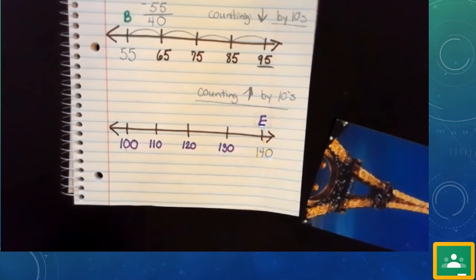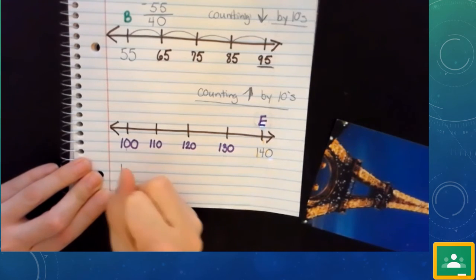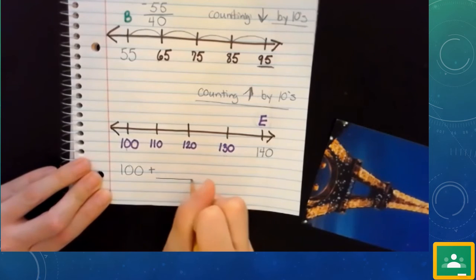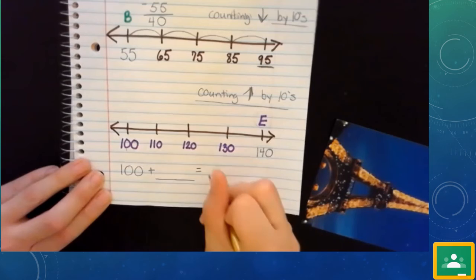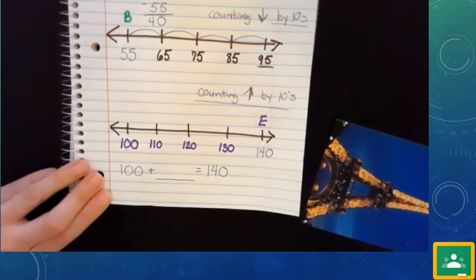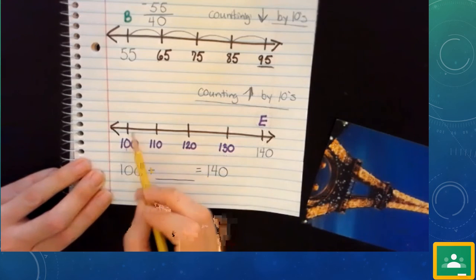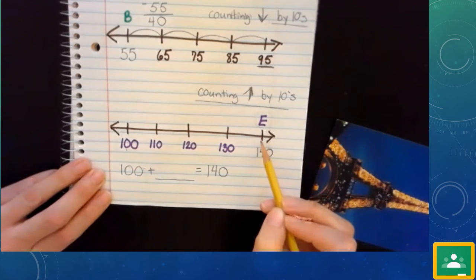So if I wanted to know what's 100 plus, I don't know, that equals 140. If I wanted to find that missing part of this addition equation, I could use this number line. How many times did we need to count by 10s to get to 140?